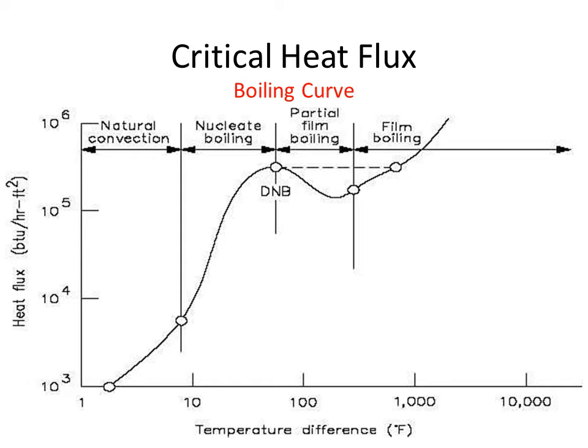The point of transition from nucleate boiling to film boiling is called the point of departure from nucleate boiling, commonly written as DNB. The heat flux associated with DNB is commonly called the critical heat flux. In many applications, critical heat flux is an important parameter.